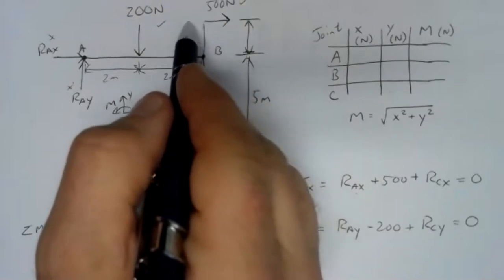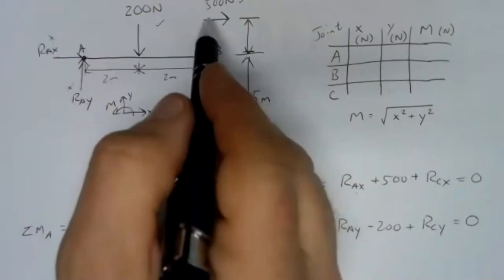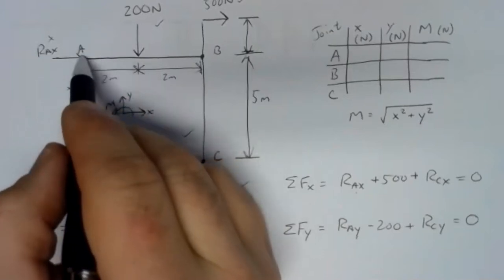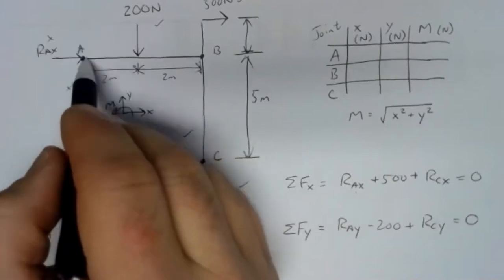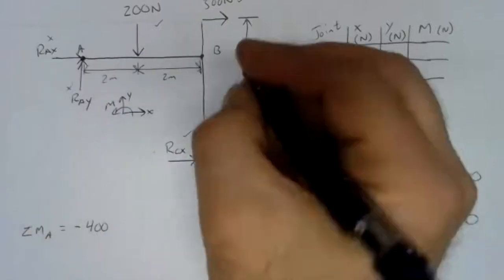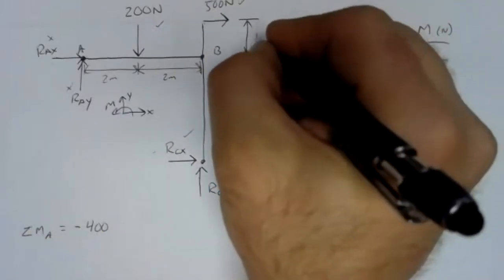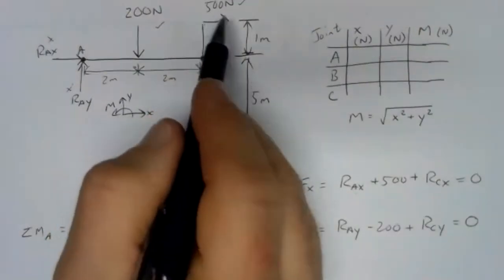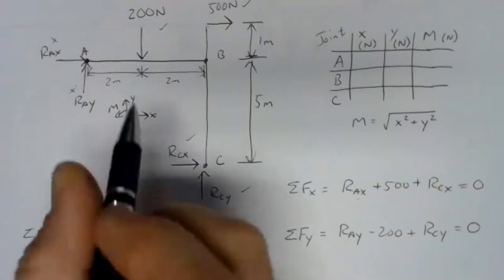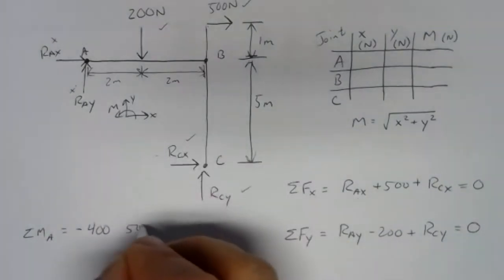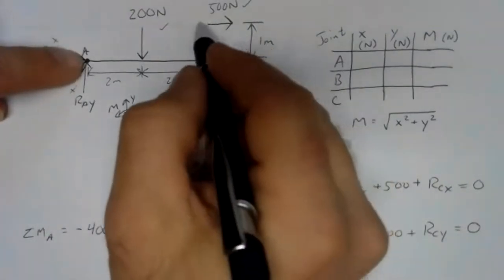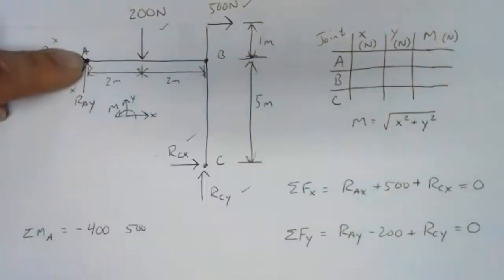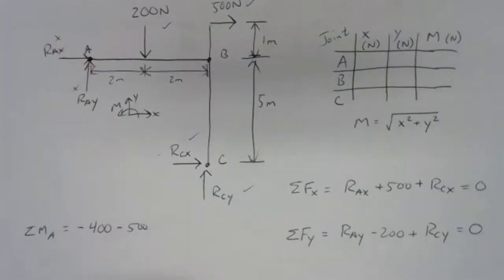Remember, to figure out the arm, you have to project the line of action down and see how close that line of action gets to A. The perpendicular distance between the pivot point and the line of action here is the distance between B and the 500 Newton force, and that was 1 meter according to our drawing. So that's 500 Newton meters. If we pin at A and we pull to the right there, that would be a clockwise moment. Clockwise moments are negative. So we have negative 500.